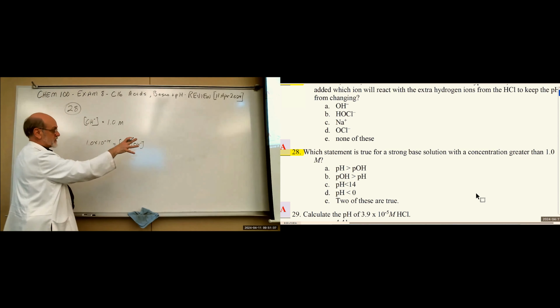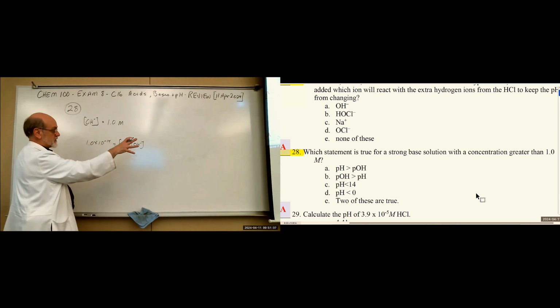Okay, so we need how many moles? Grams here, moles there. So what's the molar mass of sodium hydroxide? Well, sodium is 23. Oxygen is 16, and hydrogen is 1.01. Let's see, that's 40.01 grams per mole.